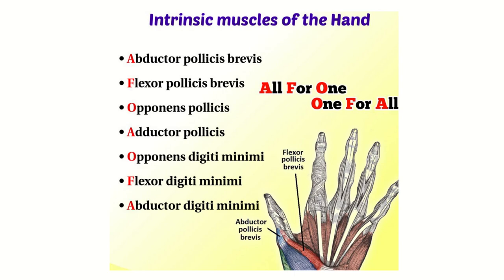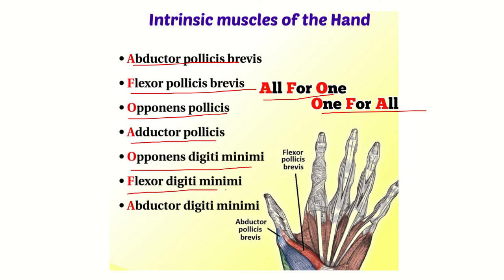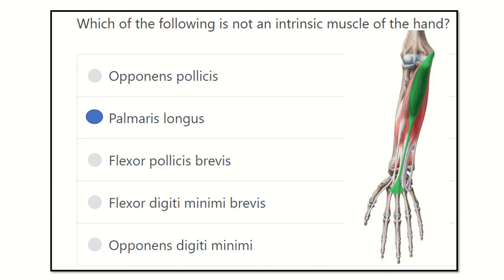Another mnemonic for the intrinsic muscles of the hand: all for one, one for all. So it is quite easy to remember the thenar group, hypothenar group, dorsal interossei, palmar interossei, and lumbricals. These 5 groups of muscle are the intrinsic muscles of the hand.